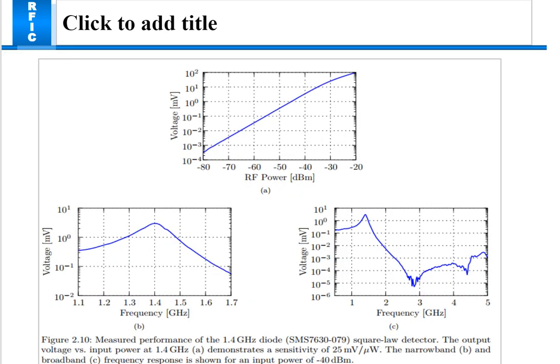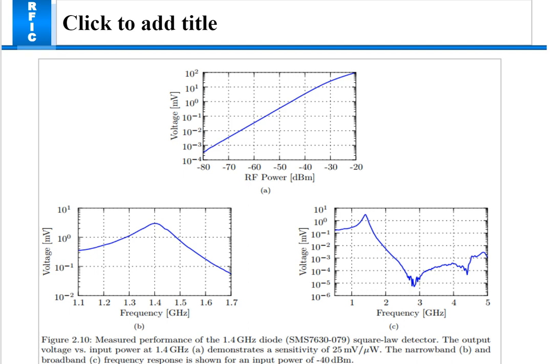And next, as you can see, there is a graph that measures performance of the 1.4 gigahertz diode, that is, as you can see in this first figure. Just summarizing: the output is voltage versus input power at 1.4 gigahertz.